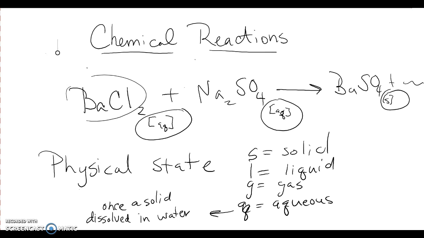One of them comes to me in solid form, and I actually have to make it an aqueous solution. So to make an aqueous solution, I dissolve it in water, and then I give it to you guys in liquid form. So that makes it aqueous. Liquid means it was always liquid. So hydrochloric acid is a liquid. It always comes in liquid form.